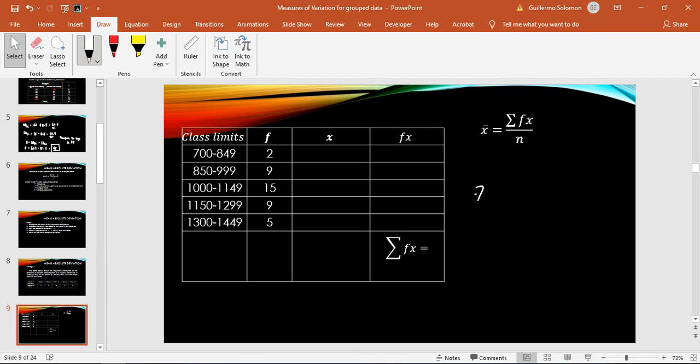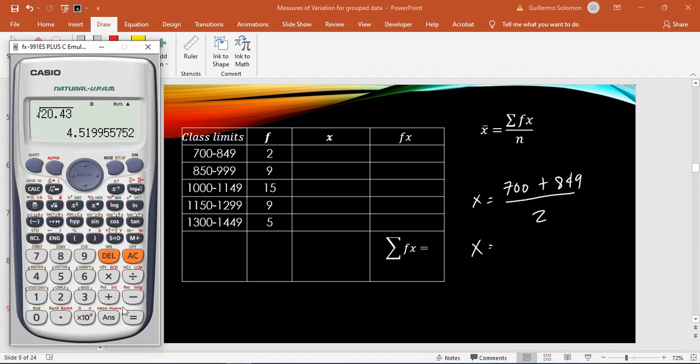So, 700. Okay. So, compute natin siya ganito. 700 plus 849, which is ito yung lower class limit and upper class limit, all over 2. So, if we perform this operation, makukuha natin yung mismong midpoint niya.